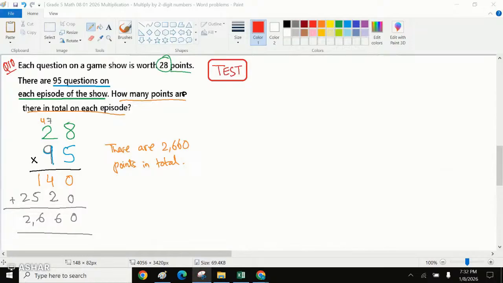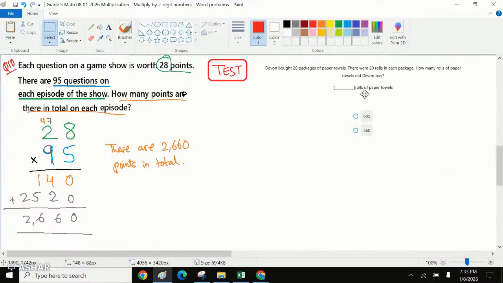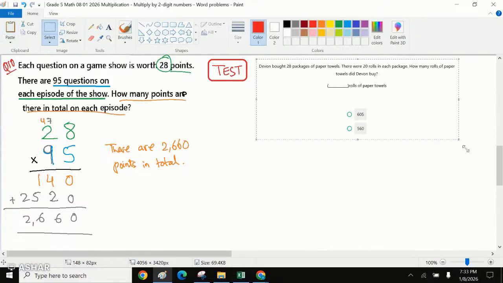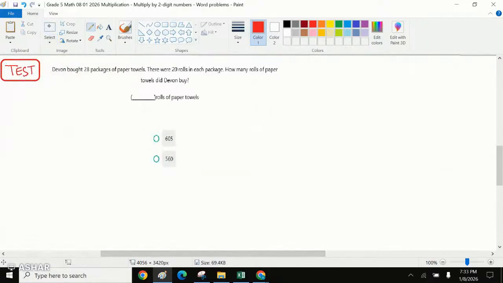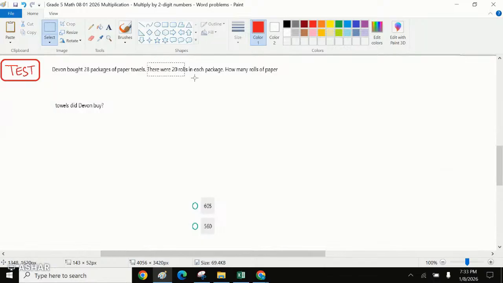So let's see the first question of the test. I'll just put it down over here. Increase the size. These are the answers.